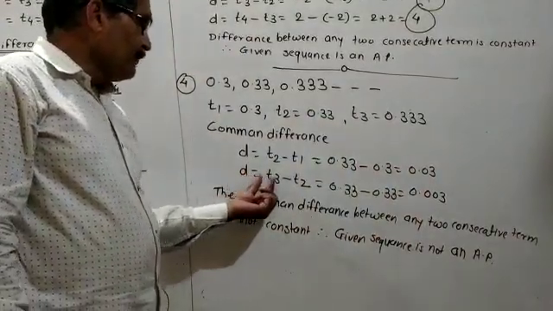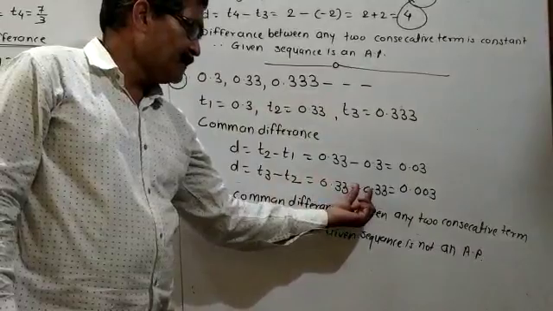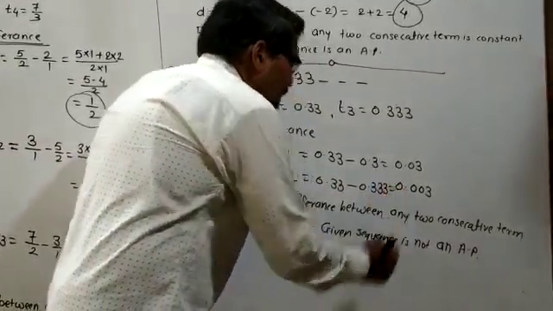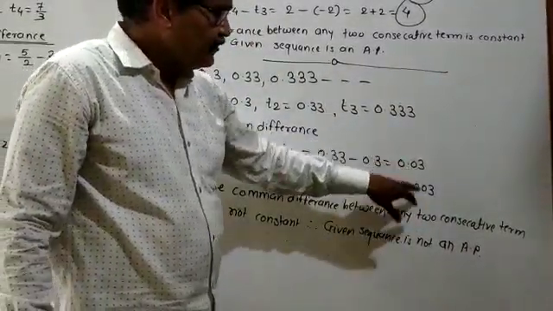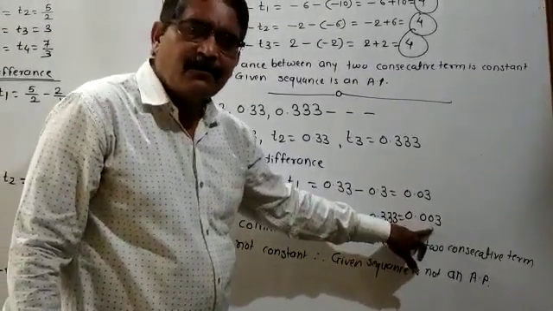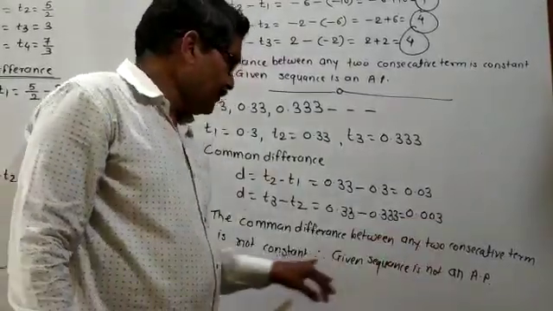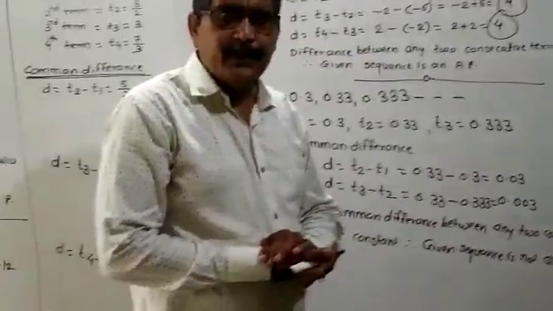Then d is equal to T3 minus T2, which is 0.333 minus 0.33, equal to 0.003. These differences, 0.03 and 0.003, are not constant. So the common difference between consecutive terms is not constant, and the given sequence is not an AP.